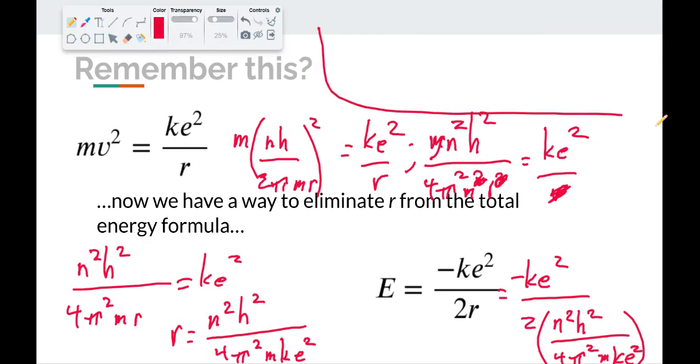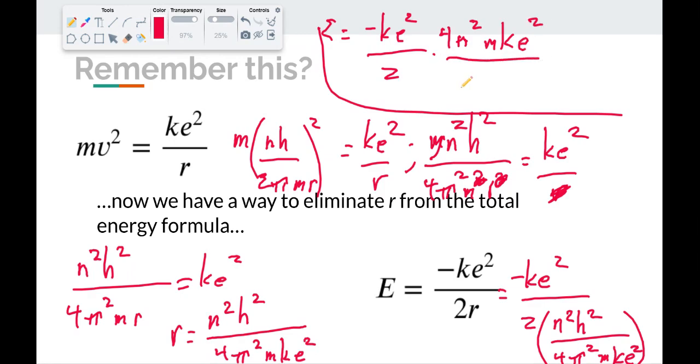Let's continue this up at the top. E, we now know then, is negative ke squared over 2 times the reciprocal of this ugly looking fraction, 4 pi squared m ke squared over n squared h squared. 2 is going to cancel.